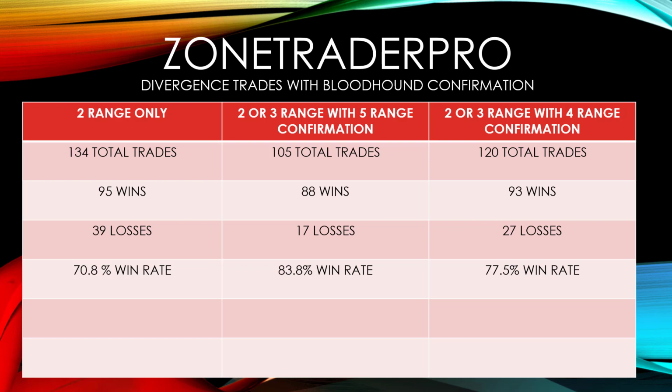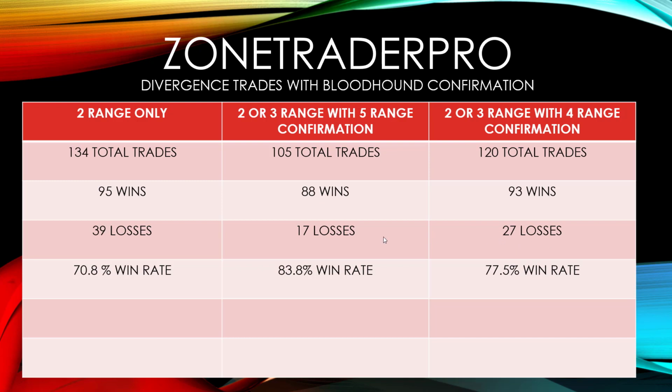But there's one thing that you need to take into consideration here, and that is that these losses here don't accurately represent what I was trying to capture. And what I was trying to capture was whether or not we were taking full losses on these trades or full wins.